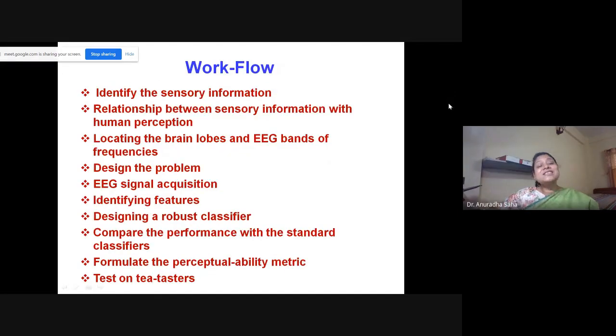This can be the kind of workflow whenever we decide to address this particular problem, that is, selecting tea tasters.